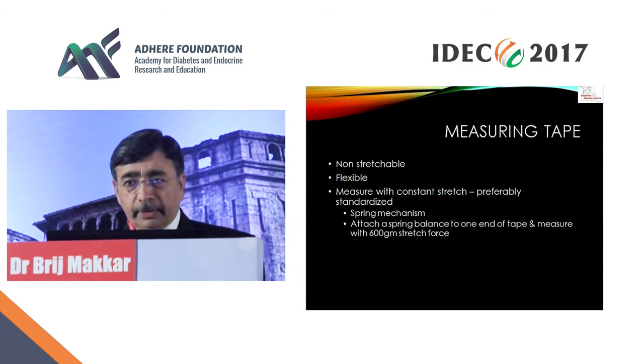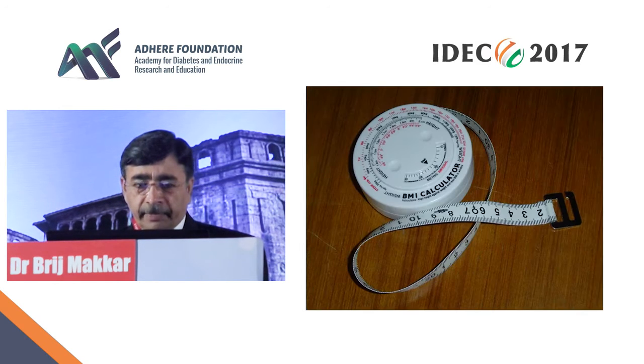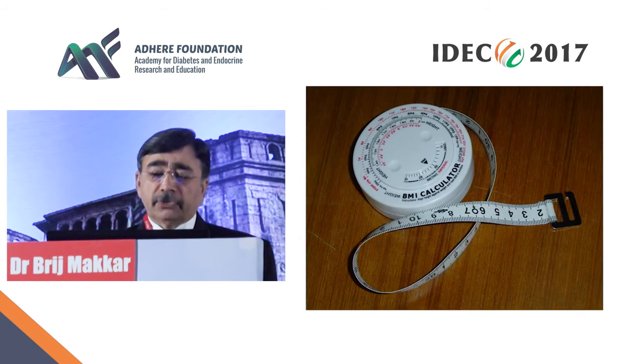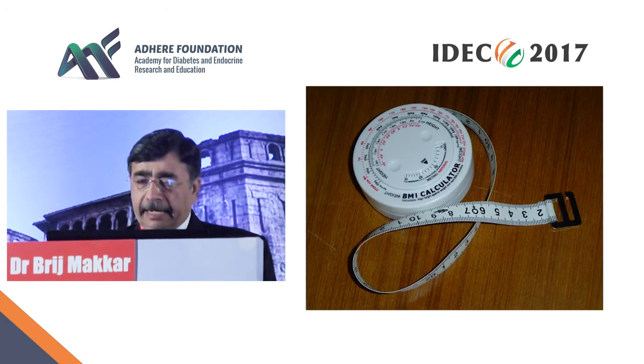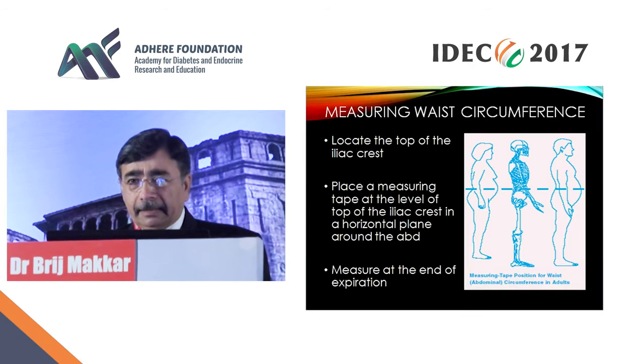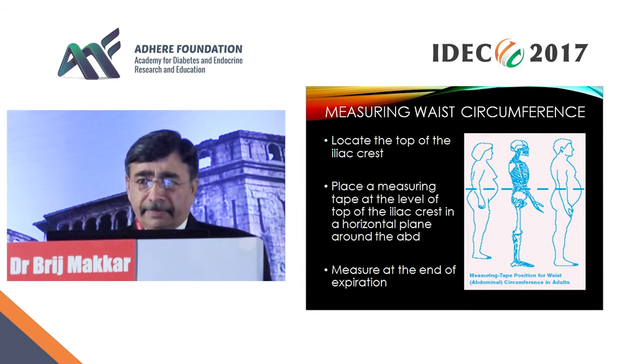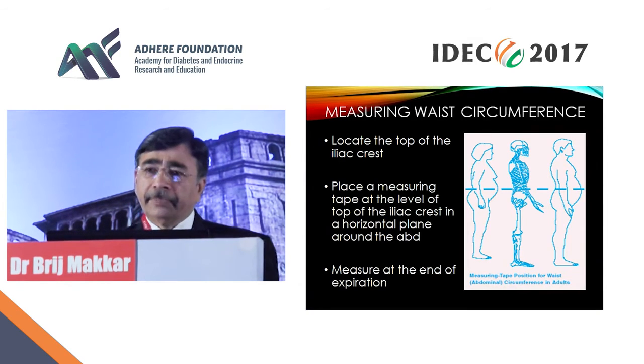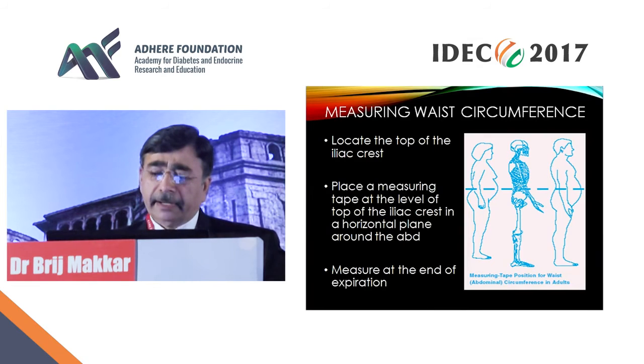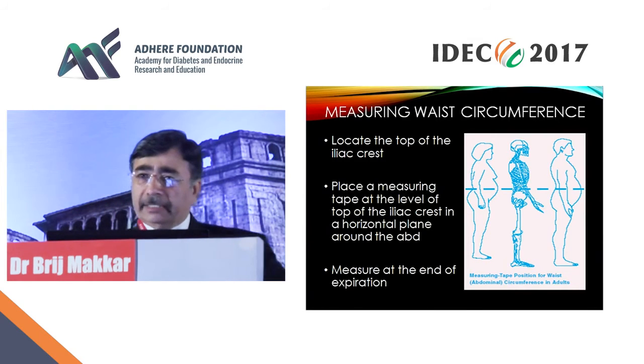Every time you do that, you will be measuring with the same amount of stretch. But most of the tapes, like the ones you have seen just now, have a spring mechanism. You lock it on the other side and press the button till it stretches to the maximum. Again, the pressure applied is stabilized and you are practically measuring the correct waist circumference.